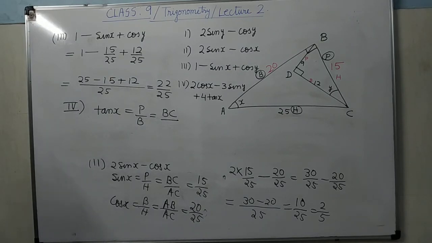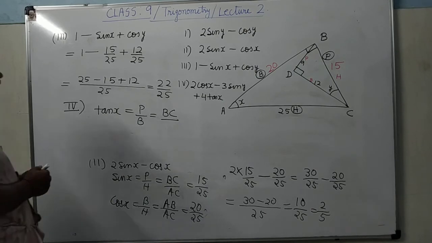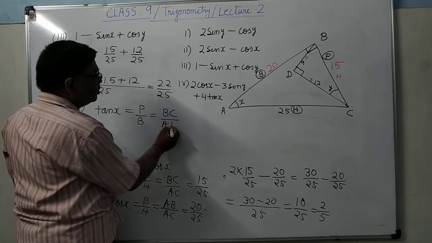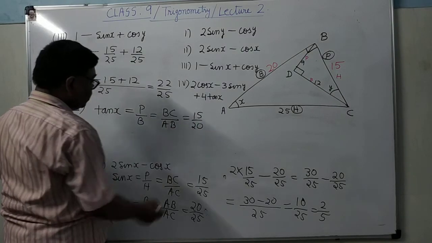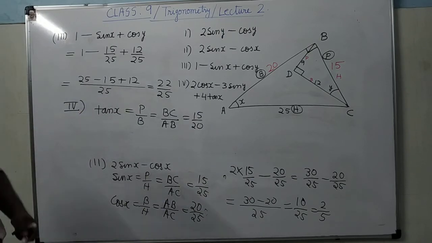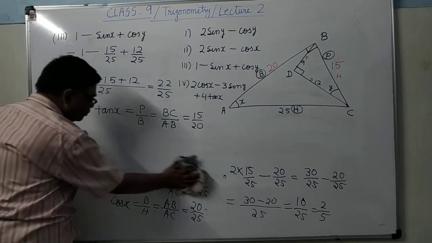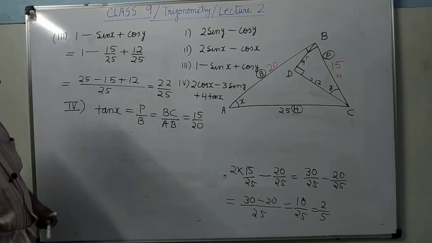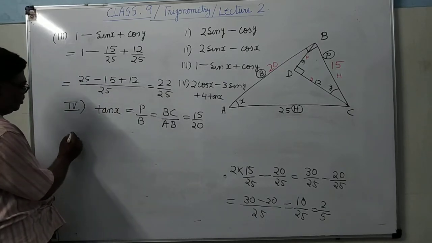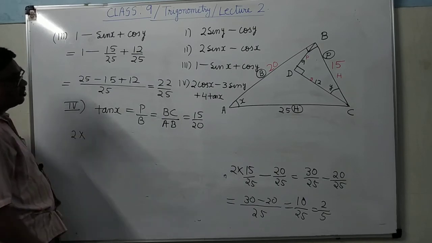In triangle ABC, what is perpendicular? BC. And what is the base? It is AB. So it is 15 upon 20. Now you substitute here. On substituting, it will be 2 cos x.